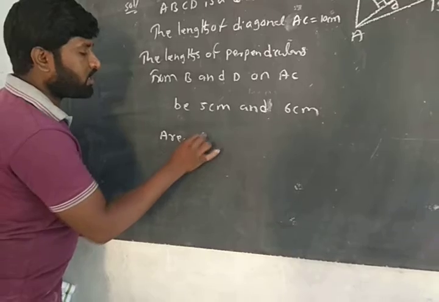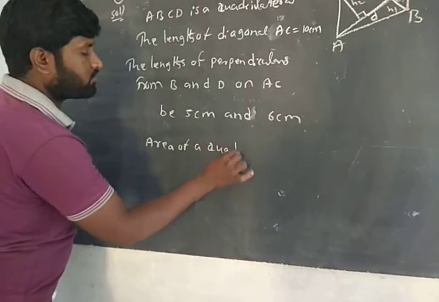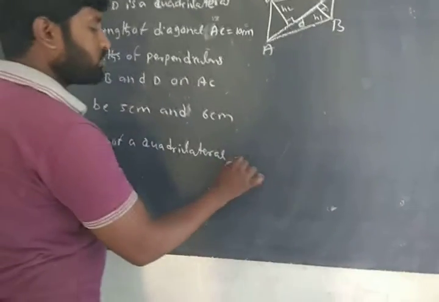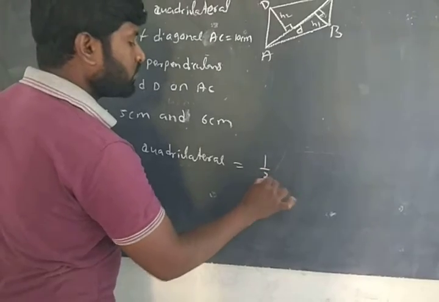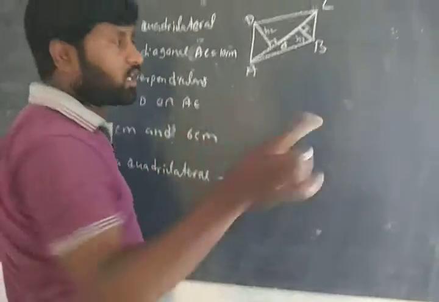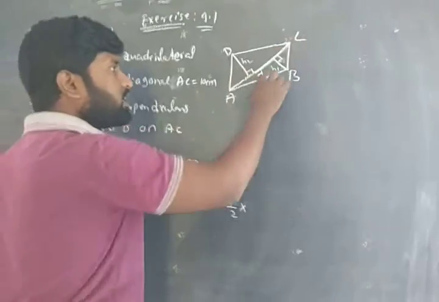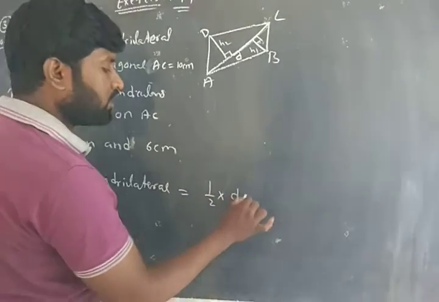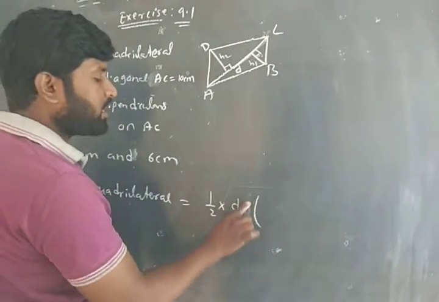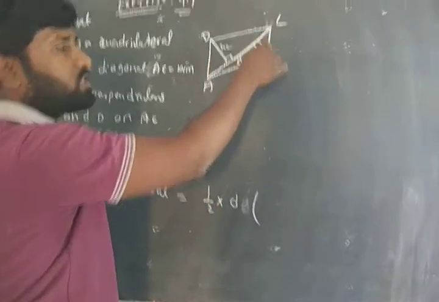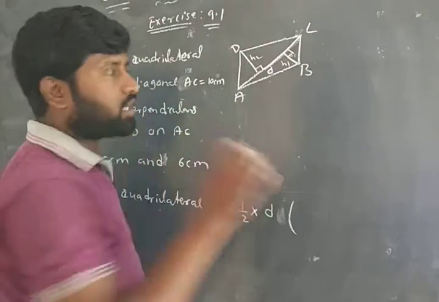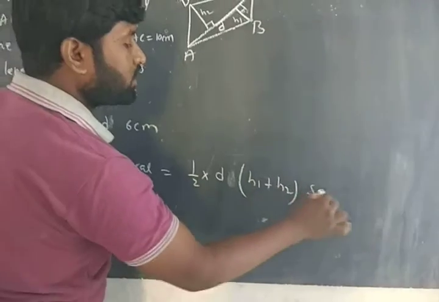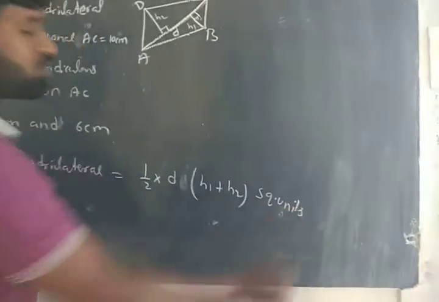Area of a quadrilateral is equal to half into the length of the diagonal, simply writing d, that is AC, into the sum of the lengths of the perpendiculars, h1 plus h2. What are the units now? Area is always in square units.